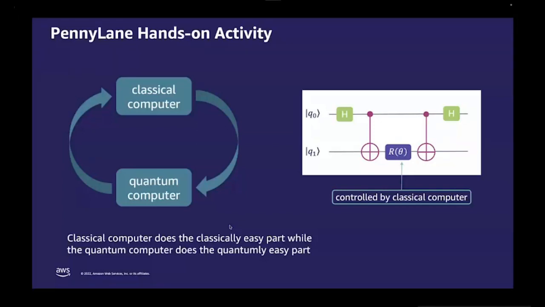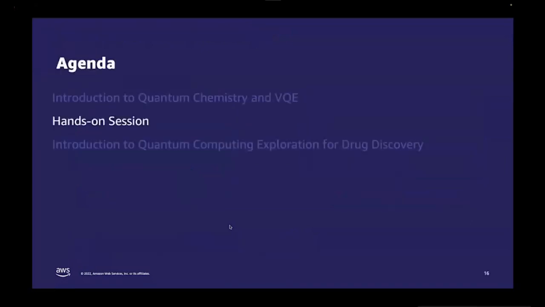That is to say, in that example, it's hard for classical computers to prepare and measure the expectation of parameterized circuits or parameterized wave functions, but it's easier for a quantum computer to do this task. So we need that task to run on our quantum computers. Okay, that's the introduction to quantum chemistry and VQE. And here comes the hands-on session.